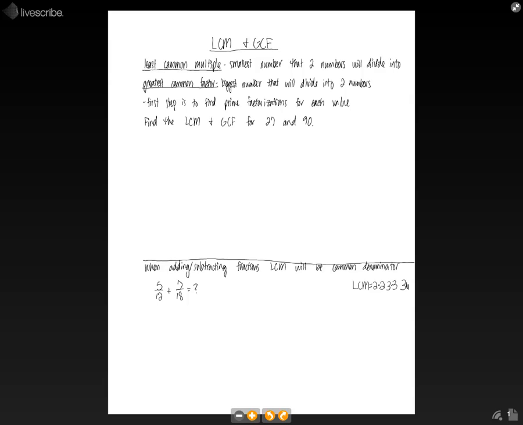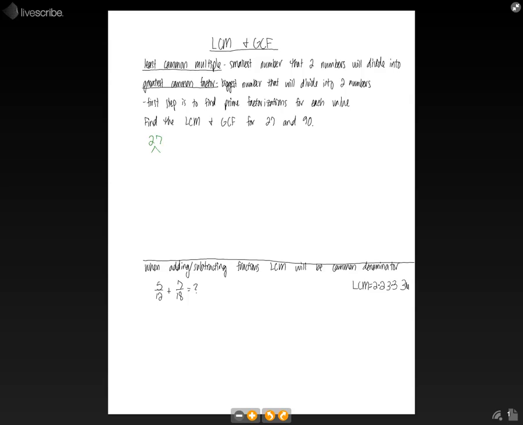And so the first step when we're trying to find the LCM and the GCF, which is just the abbreviations for them, is to find the prime factorizations for each of the values we're working with. So if we're going to find the LCM and GCF for 27 and 90, first we find our prime factorizations.